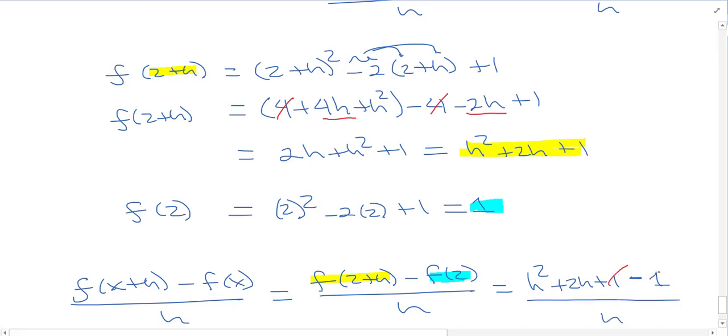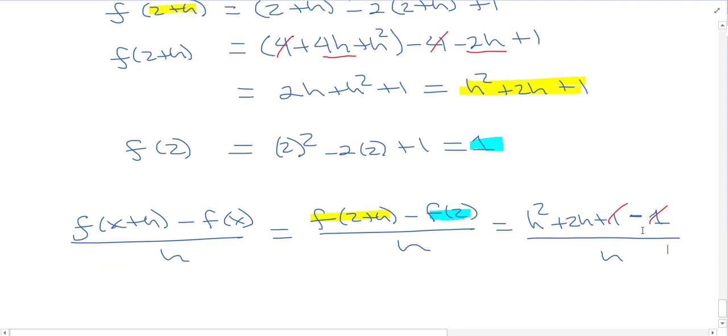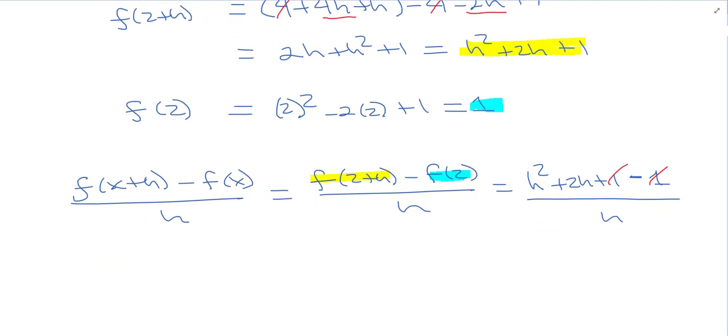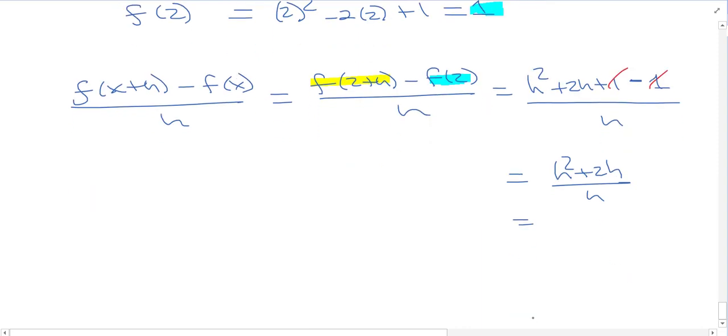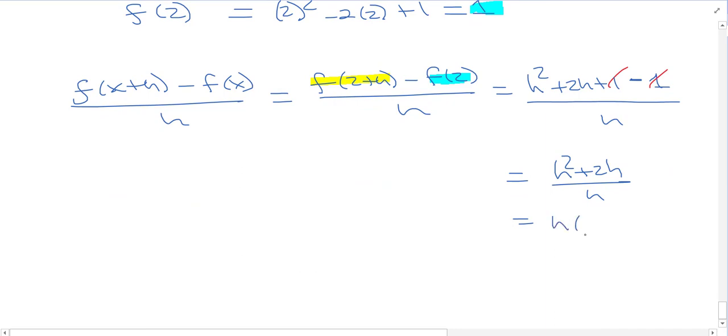And 1 minus 1 is 0, so those go away, and what are we left with? So we're left with h squared plus 2h over h, and we can factor out that h from the numerator. And now I can divide those out. H divided by h is 1, and so we're left with our rate of change is h plus 2.